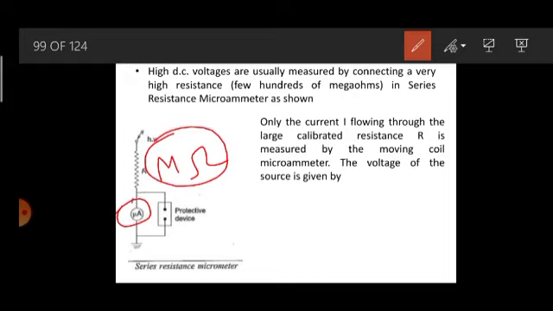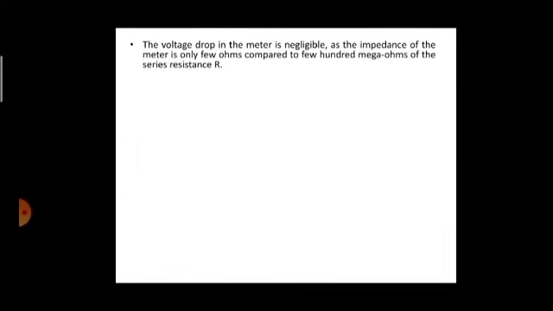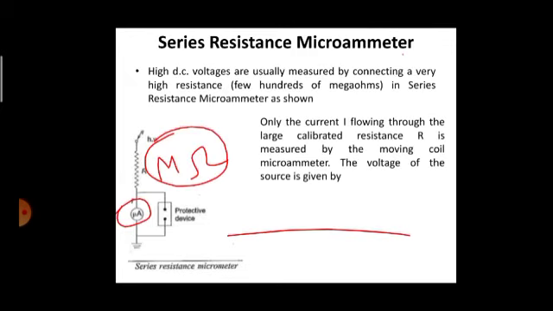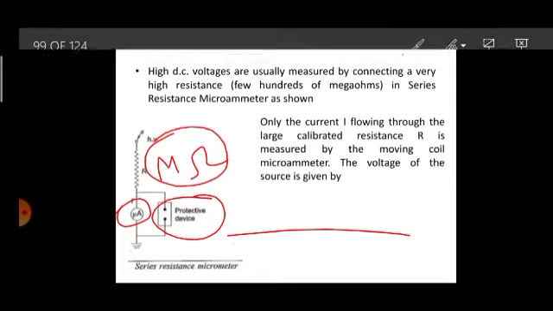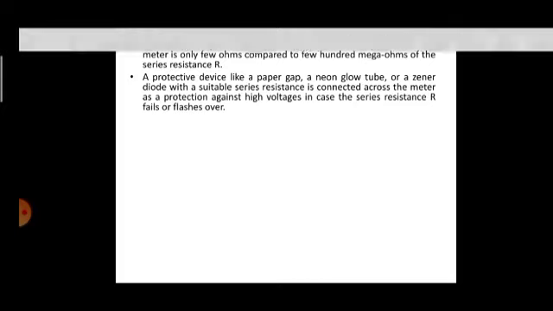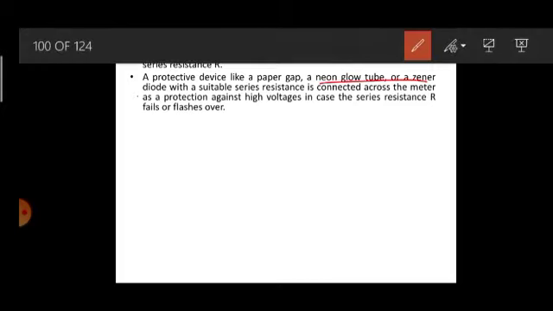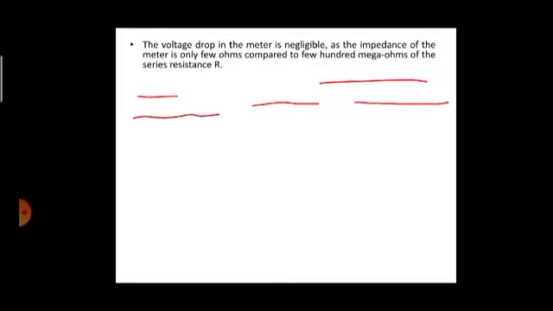Now, here you can see a protective device. As the protective device, we can use a paper gap, a neon glow tube or a Zener diode with suitable series resistance, connected across the meter as protection against high voltages in case the series resistance R fails or flashes over.